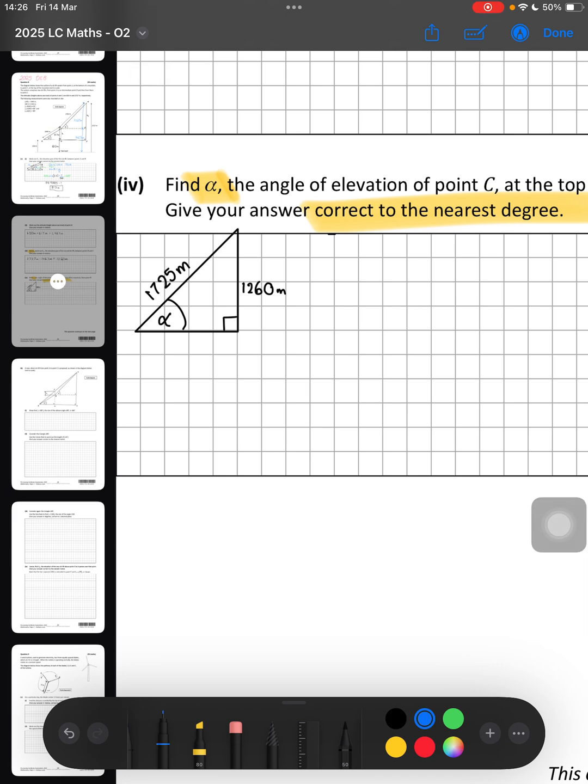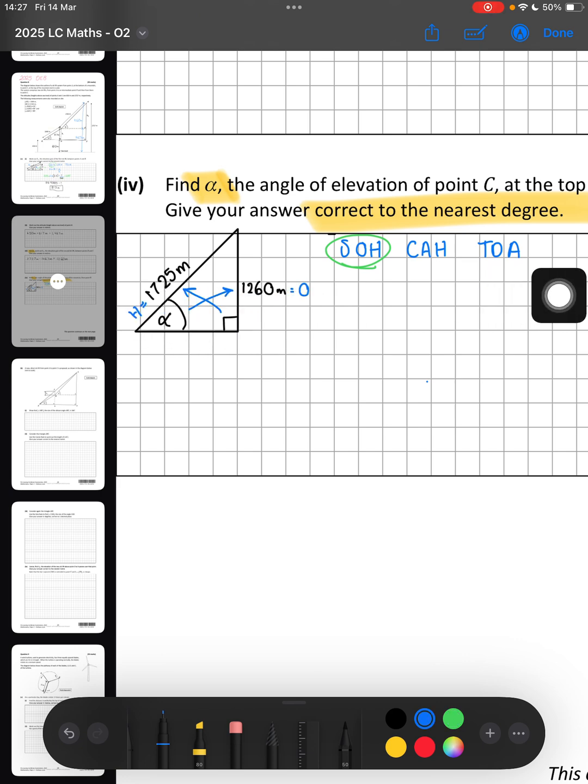I'm going to write down SOHCAHTOA and then I'm going to figure out, well, what part of SOHCAHTOA am I going to be using? So there is my angle. So I have the side opposite, so I'm going to be working with O, and I have the side opposite the right angle, which is the hypotenuse. So again, I'm actually working with sine, okay, because I'm using my opposite and my hypotenuse.